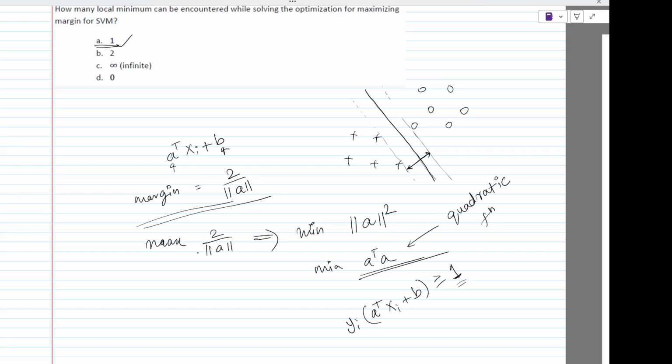Maximizing this is the same as minimizing the norm of A, and minimizing the norm of A is the same as minimizing the norm of A squared, and norm of A squared is equal to A transpose A. So essentially we are minimizing this, which is a quadratic function.